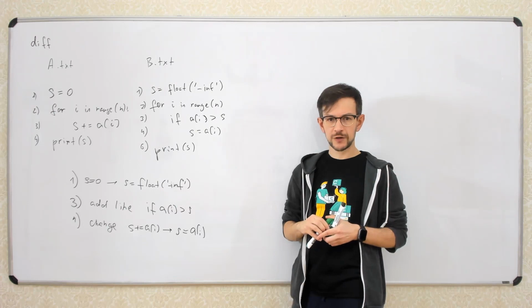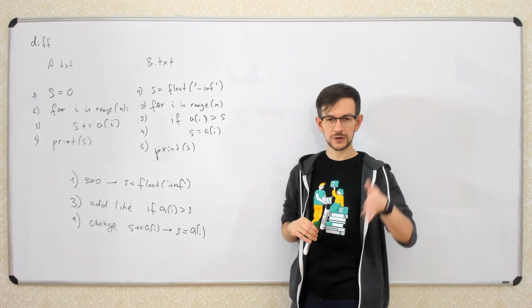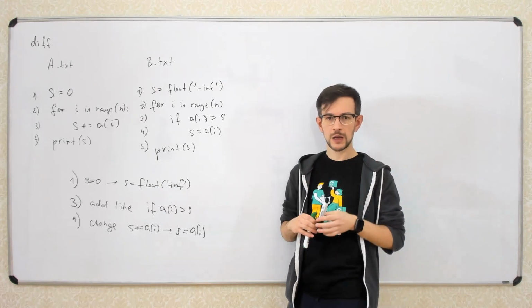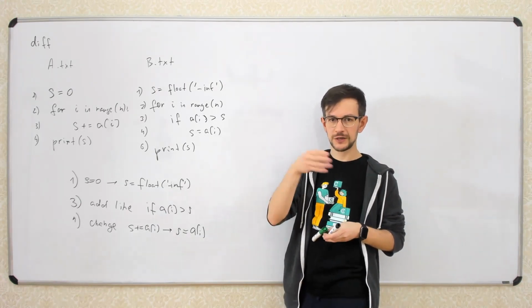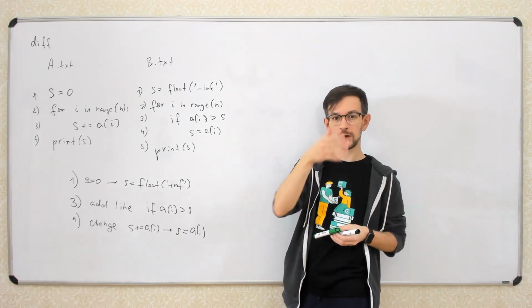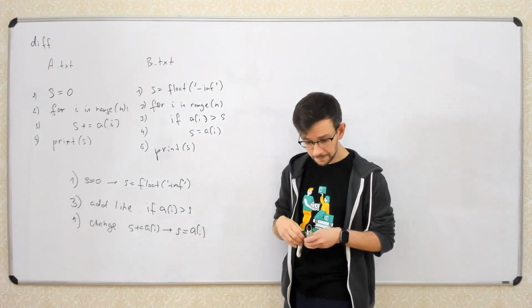It's not that trivial because this utility doesn't have the change log. It only has two versions, version 1 and version 2, and it somehow needs to produce the list of operations which should be applied to the first file to produce the second file. So it's not trivial.